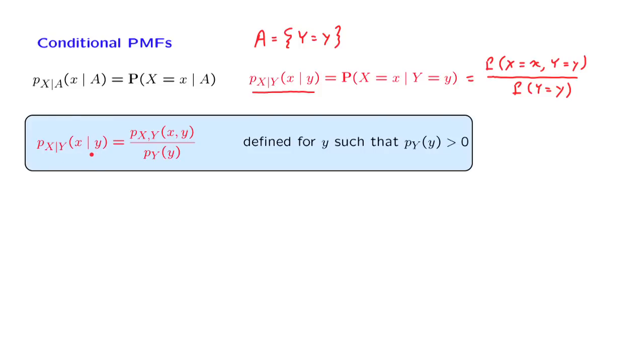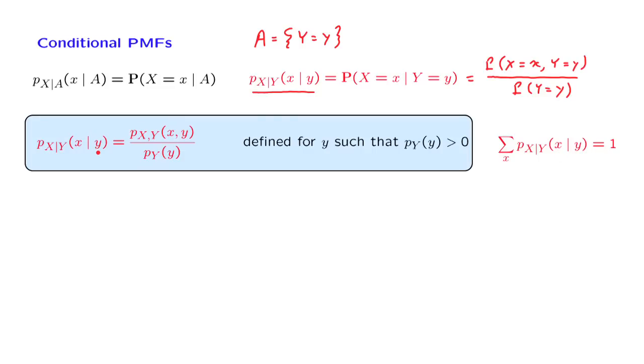As a function of x, it gives us the probabilities of the different x's that may occur in the conditional universe. And these probabilities must, of course, sum to 1. Again, we're keeping y fixed. We live in a conditional universe where y takes on a specific value. And here we have the probabilities of the different x's in that universe, and these sum to 1.